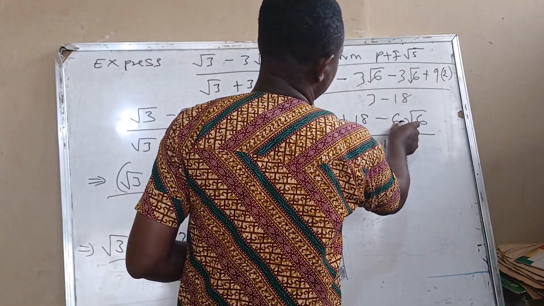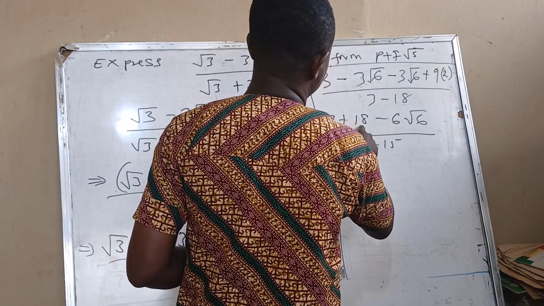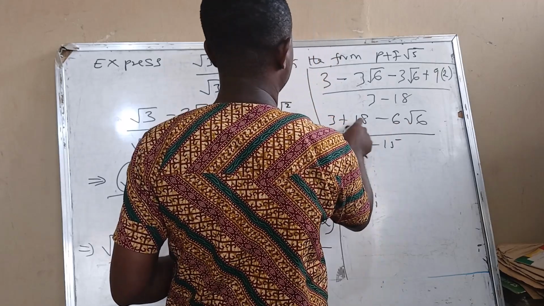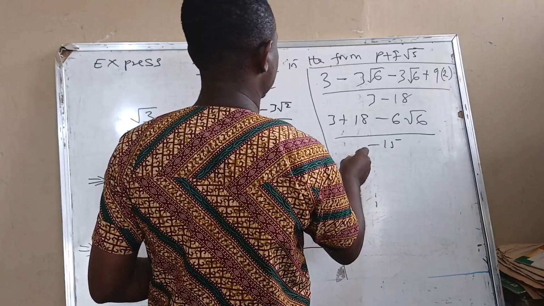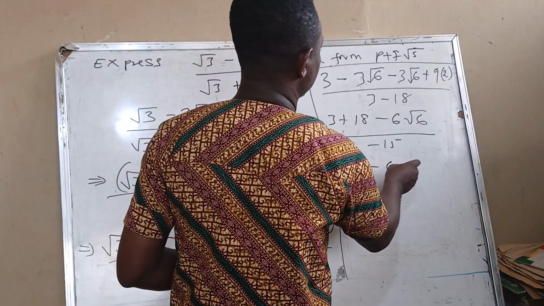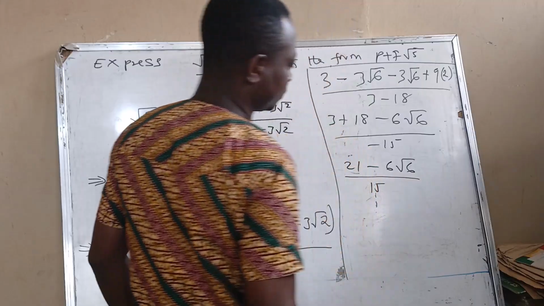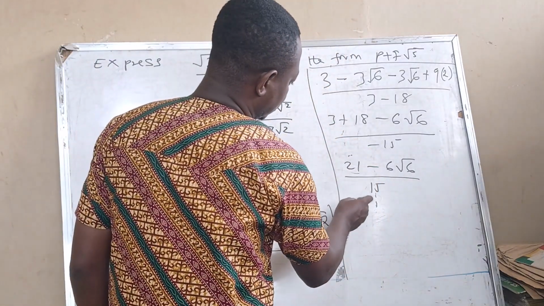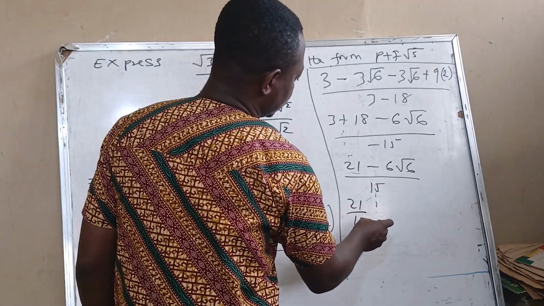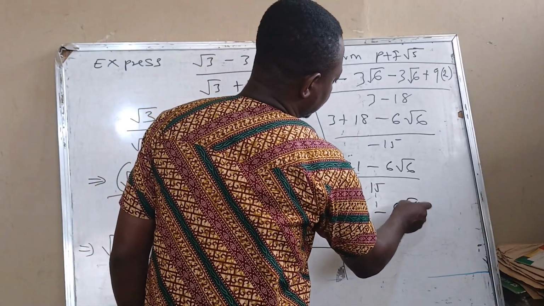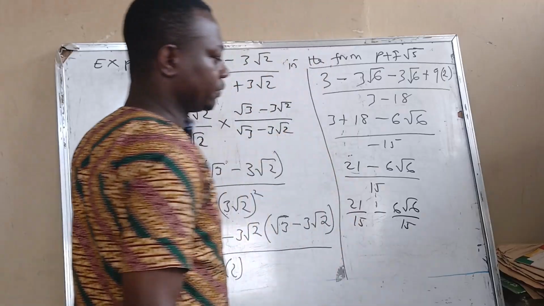Now this one is one thing. You can't say 3 plus 18 minus 6. No, this 3 plus 18, that is 21 minus 6 with 6 on 15. And it's the same as 21 on 15 minus 6 with 6 on 15.